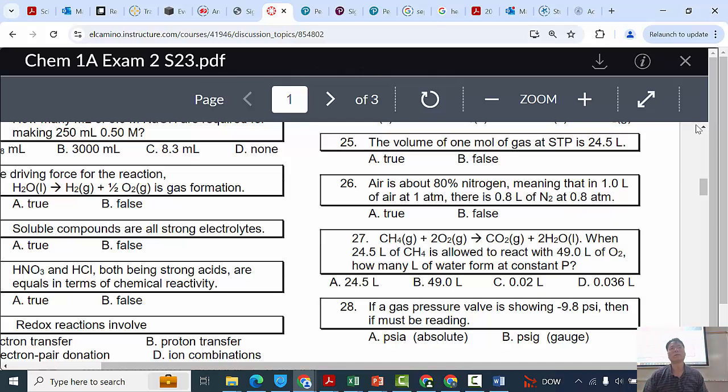That's weird. I gave mine at like 24. Did you use 0 degrees C? No, I used 25. Oh no, the standard temperature for gases is 0 degrees C. If you use 25, then you're correct. Like 24.5. Okay.